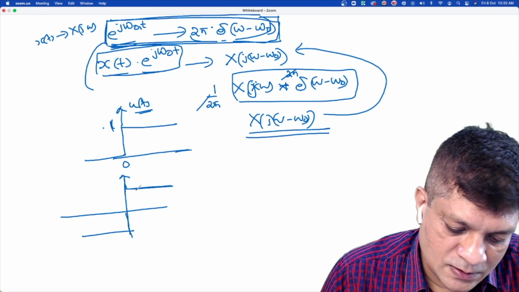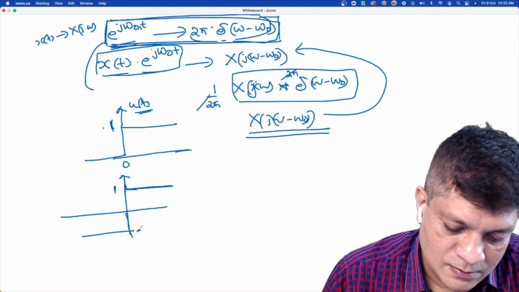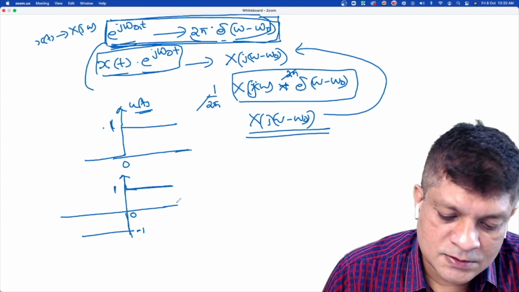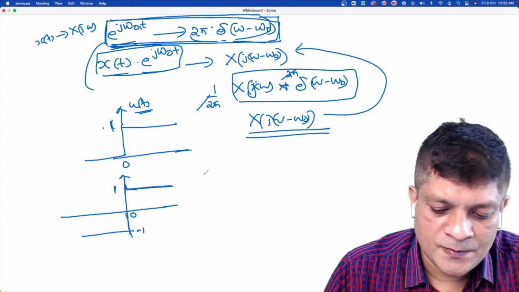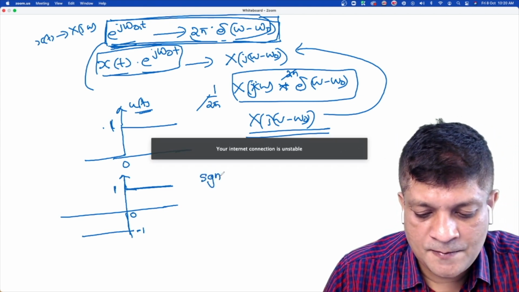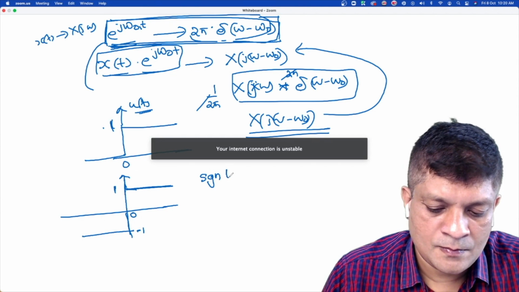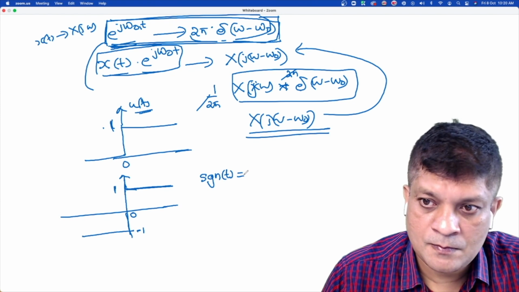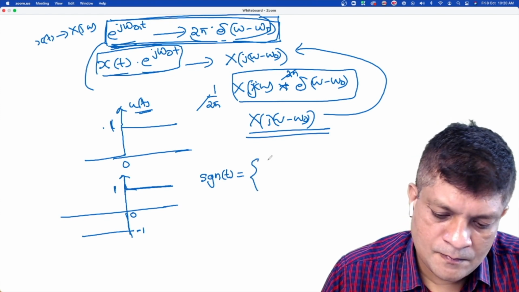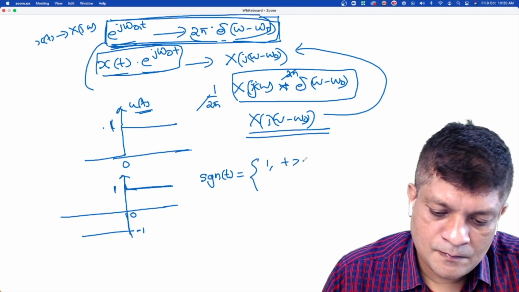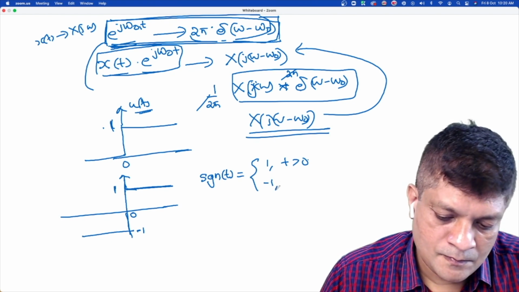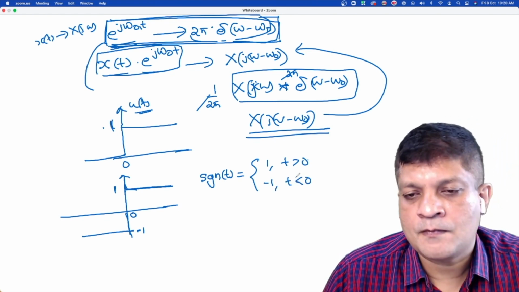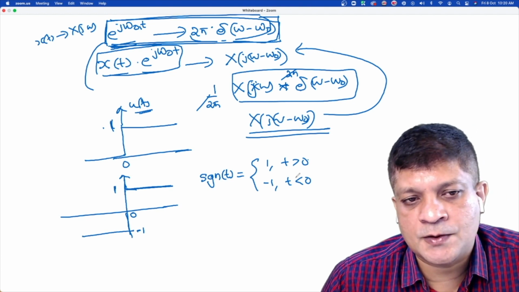What is this signal called? This is called the signum function, and that is its definition.